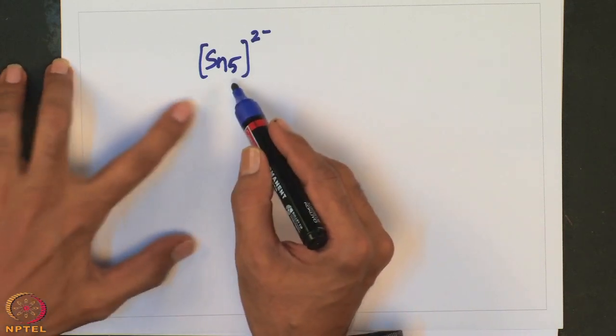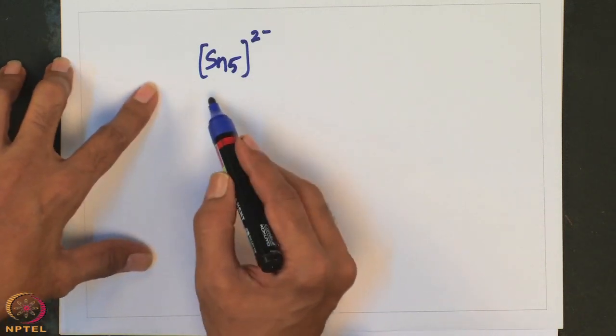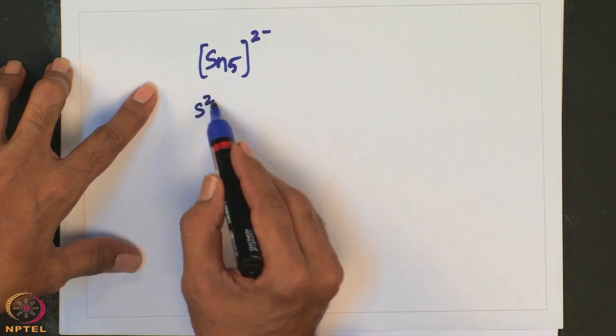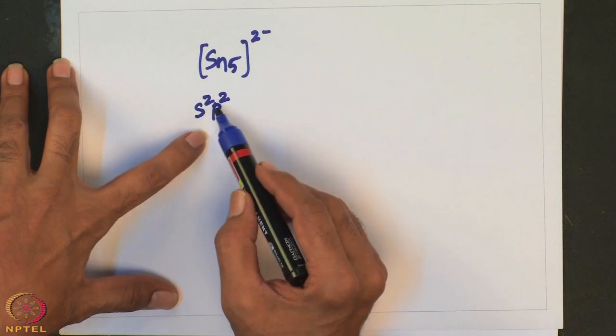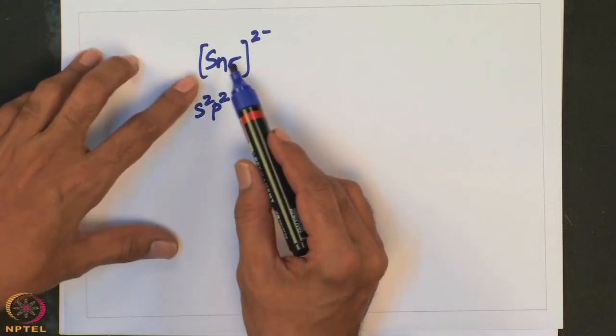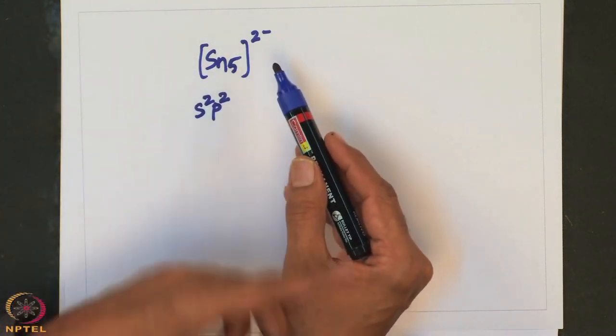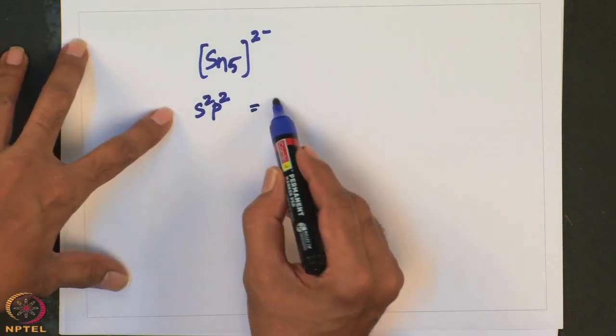So, in case of Sn5, as it is from the carbon group, what we have is s2 p2 electronic configuration. As I mentioned, 2 electrons you can simply take out for making Sn bonds with the neighboring 2 Sn atoms. So, we will consider only 2 electrons.